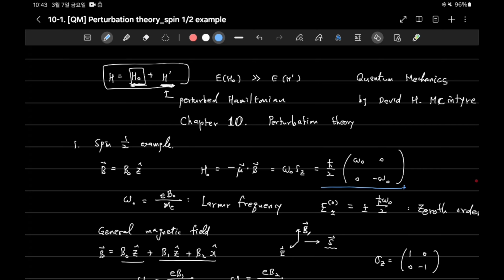In that case, the higher order terms can be neglected, and the first order and second order can be considered. In this case, we can apply perturbation theory. It is basically time independent perturbation theory, and I will go on to the general formulation of the perturbation theory.